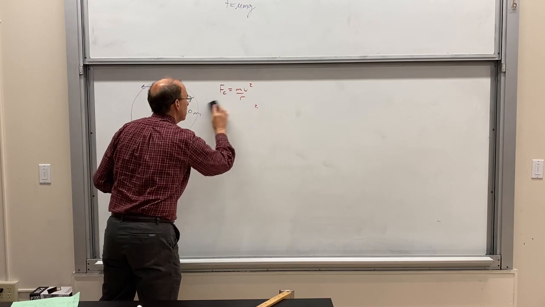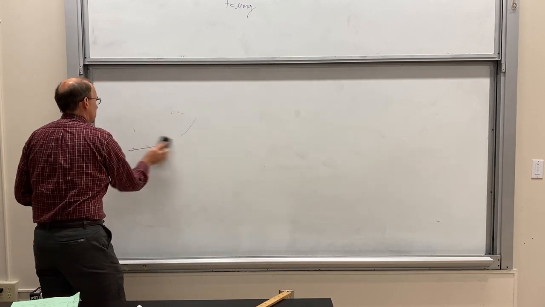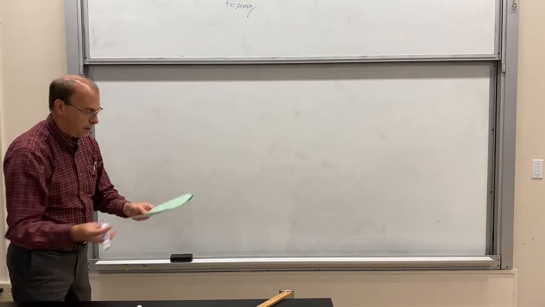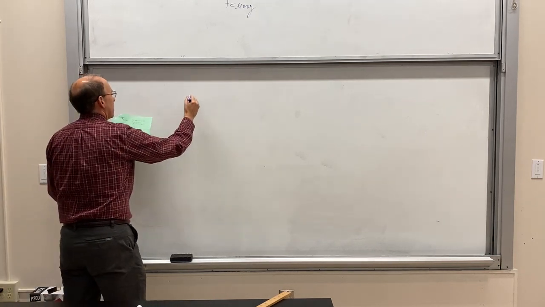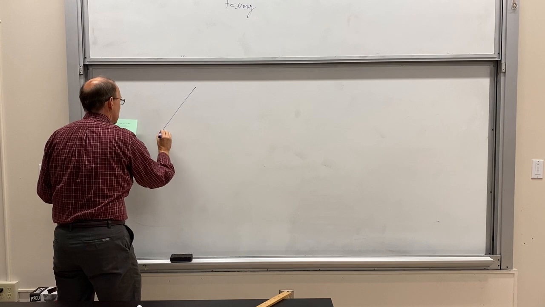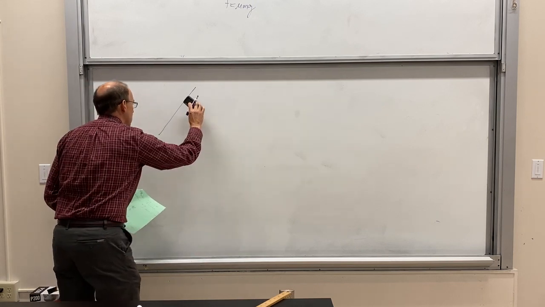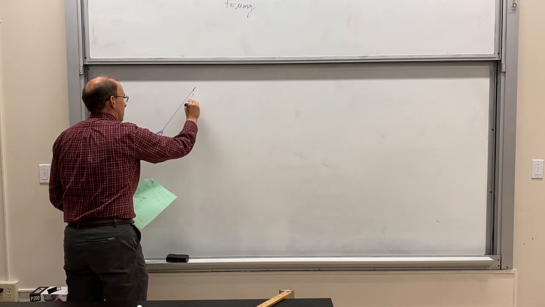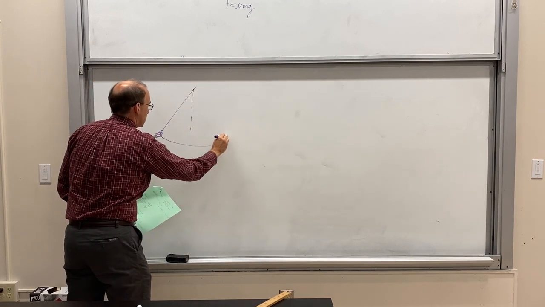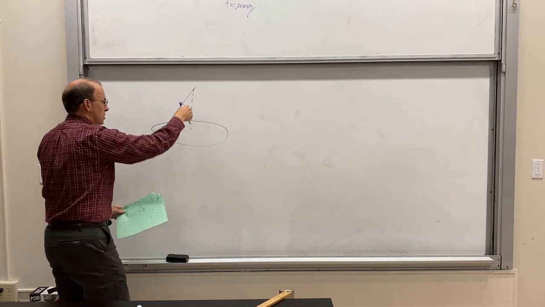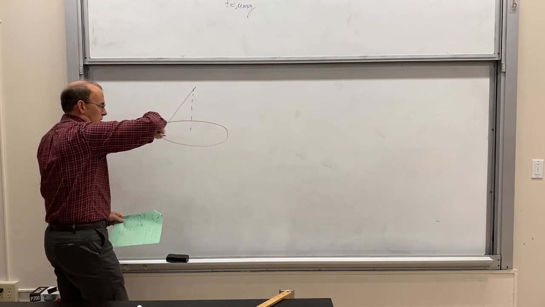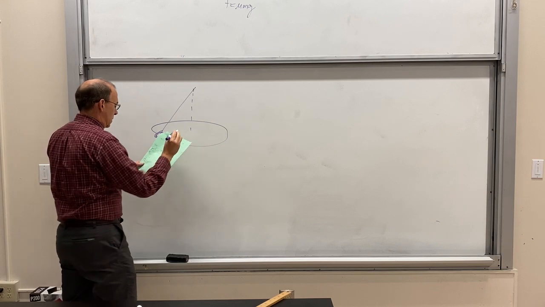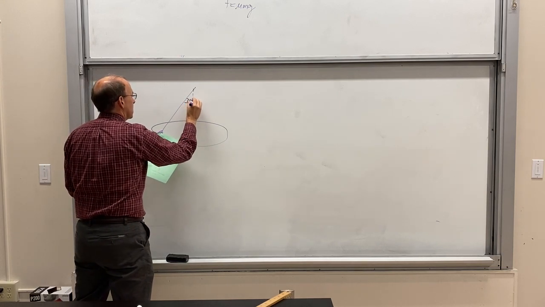One more example of centripetal force. It's a little more challenging mathematically. Suppose we have a mass on a string that's going around in a circle like this. So it's going around like that. And this is a 30-degree angle.